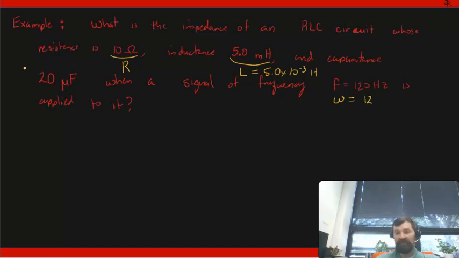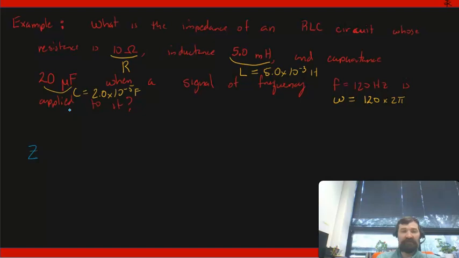That means that the angular frequency is 120 times 2 pi radians, and a capacitance of 20 microfarads, that is 2.0 times 10 to the minus 5 farads.